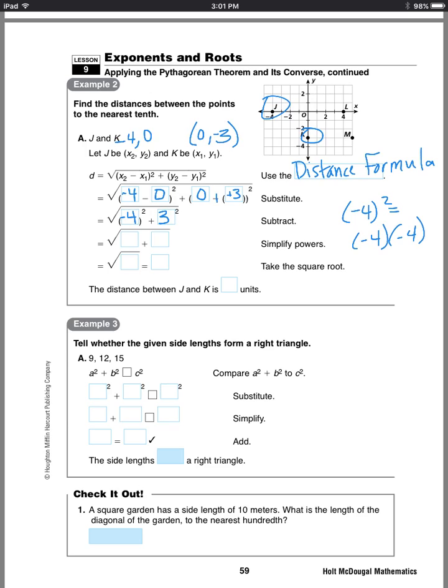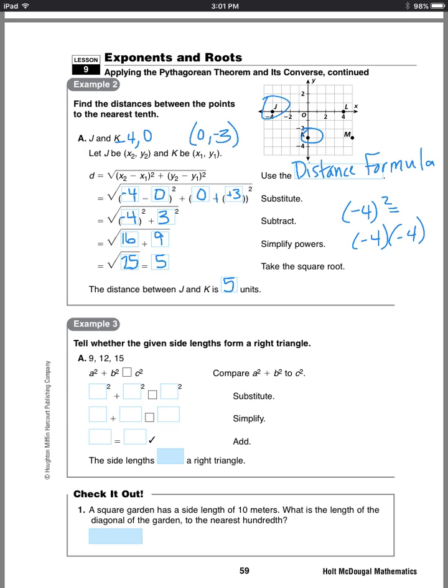So that equals 16, and 3 squared is 9. And then you add, and you get 25, and then the square root of 25 is 5. So the distance between J and K is 5 units. Okay?